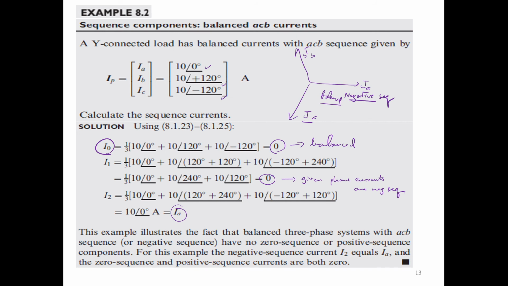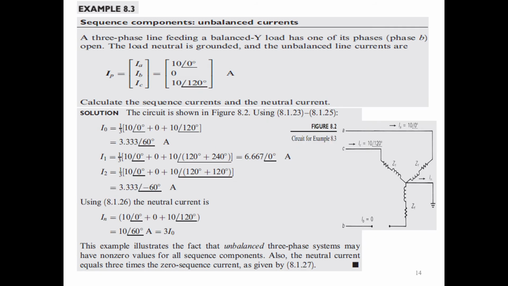It's clear, right? Now, what happens if we have unbalanced currents? In this case, you see, this is unbalanced because IA is 10 with an angle of 0, IB is 0.